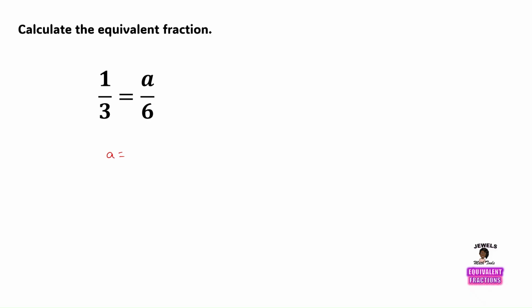And in knowing your timetable, we know that when 3 is multiplied by 2, this gives us 6. So that means if 3 is being multiplied by 2 in the denominator to get 6, in my numerator, I will also multiply 1 times 2 to give me the value of my unknown variable a, which will equal 2.